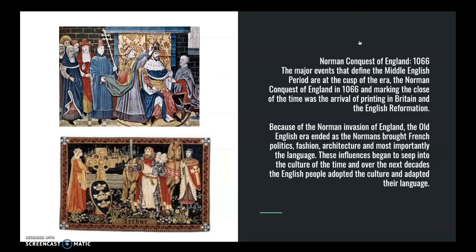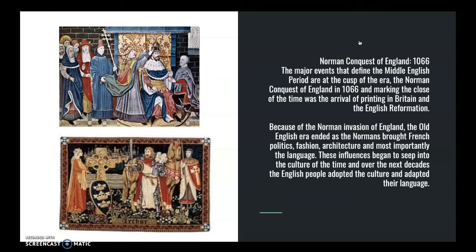So, with this conquest, the French language was brought to England, and the Latin words that were previously introduced to the British island were now being swept away.